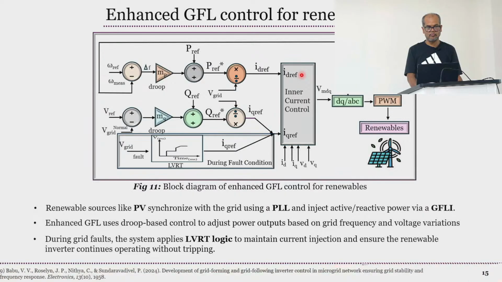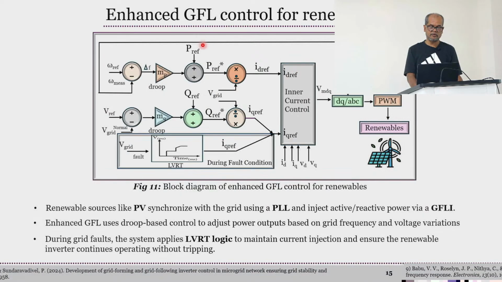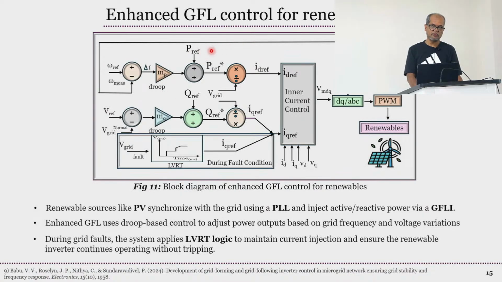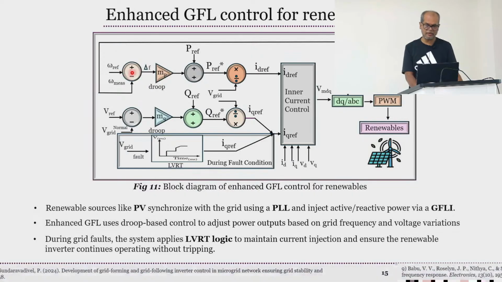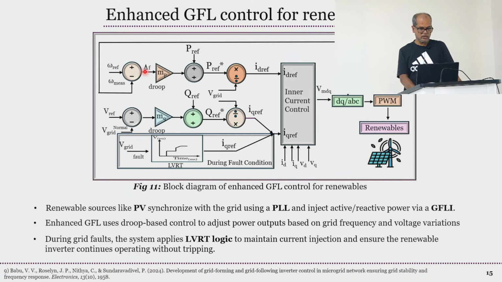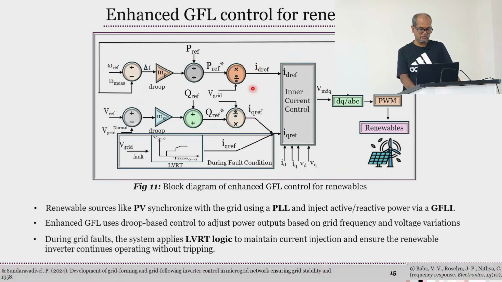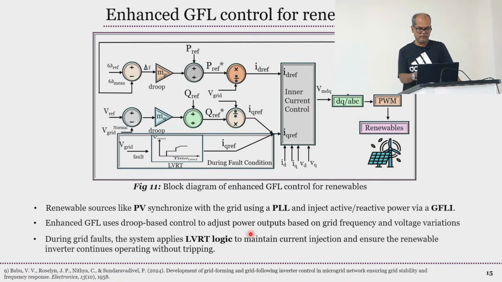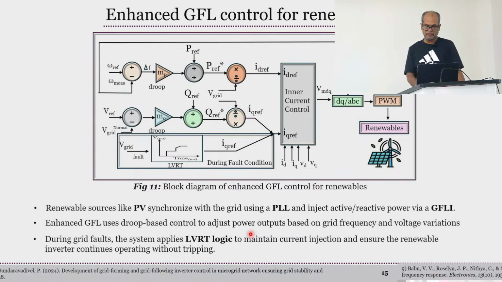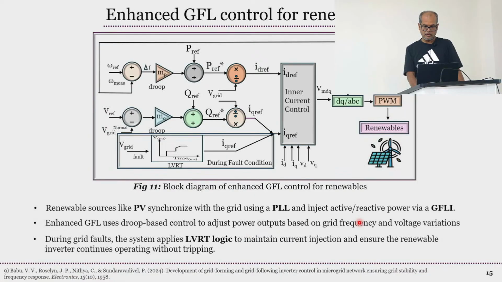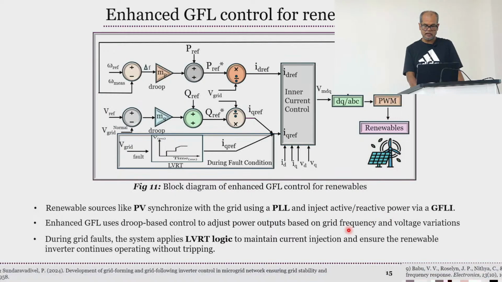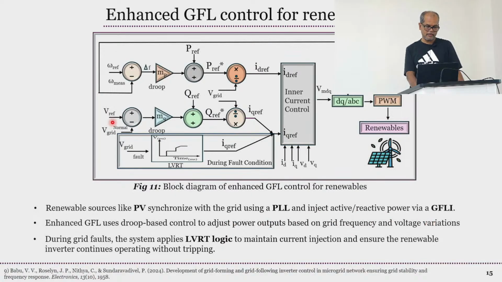inner current control loop, and the other one is real power, which at the end is related to the frequency as well. If you use this sort of control architecture, it can synchronize and provide active and reactive power, as it is using droop control to adjust output power based on the grid frequency or voltage variation.